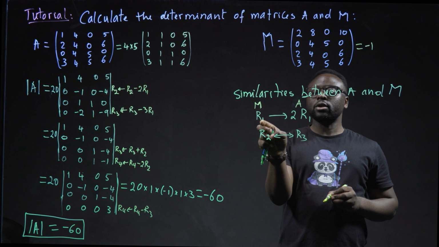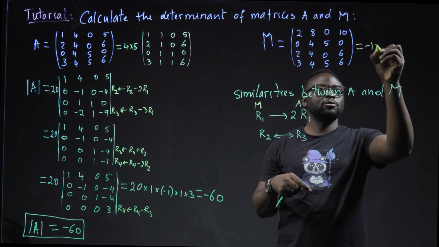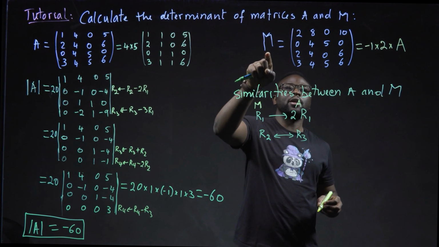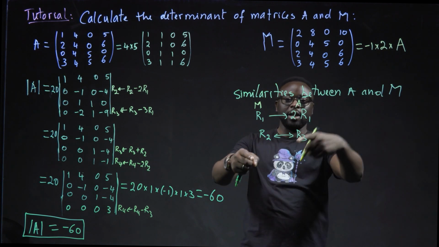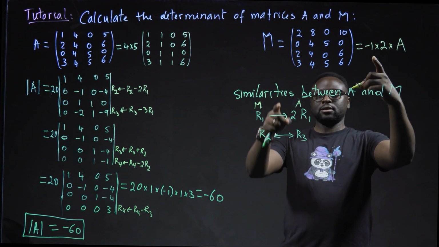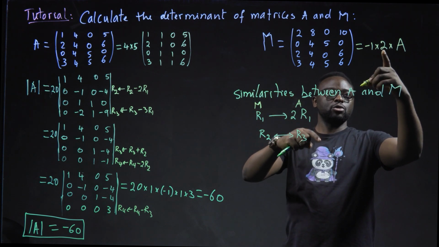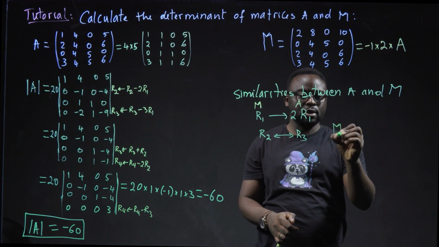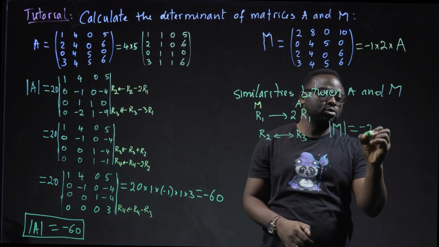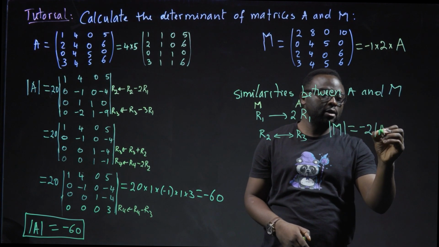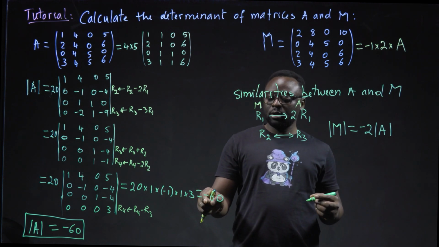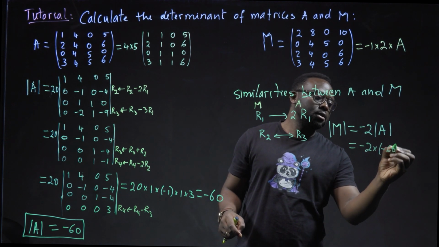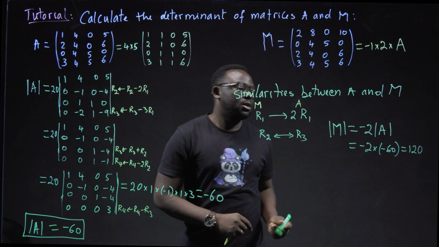Secondly, the first row is equal to 2 times the first row of A. So if I want to obtain the determinant of this matrix using these similarities, I can just say that the determinant of M is equal to -1 times 2 times the determinant of A, so -2 times the determinant of A. Knowing that the determinant of A is -60, this is -2 times -60. This is 120. So this is very simple.